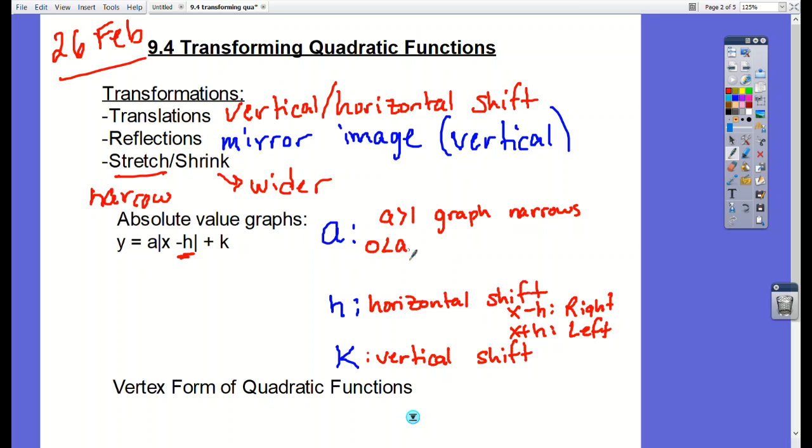When it's a fraction, so we've seen examples of 1/2, this is going to make the graph wider. And if we think about what's missing here, a negative A value is going to reflect the graph or flip it down.